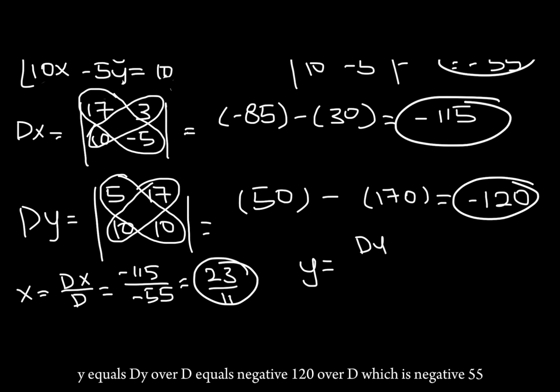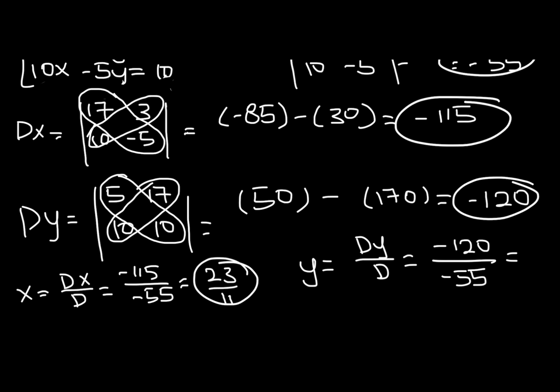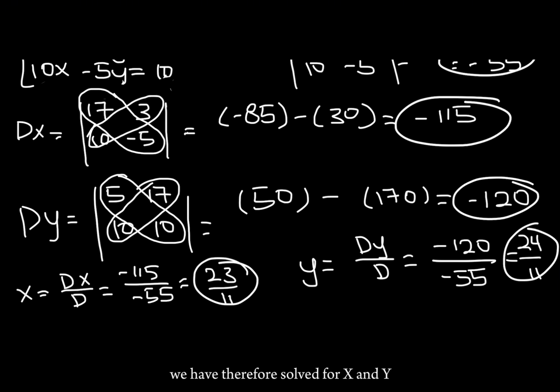Y equals Dy over D equals -120 over D, which is -55, and that is simplified to 24 over 11. We have therefore solved for x and y, and we can verify our answer by substituting these values into the set of linear equations to make sure that we actually got the correct answer.